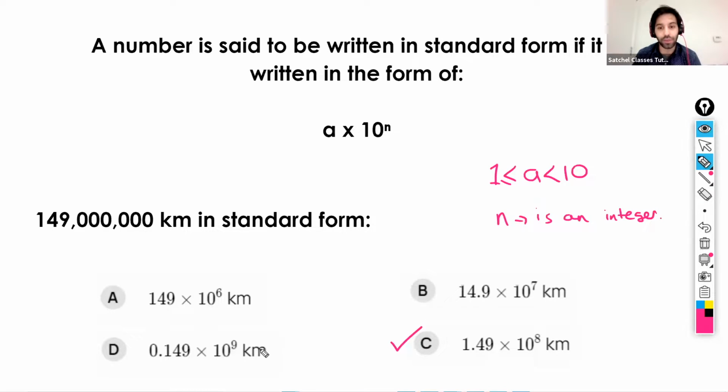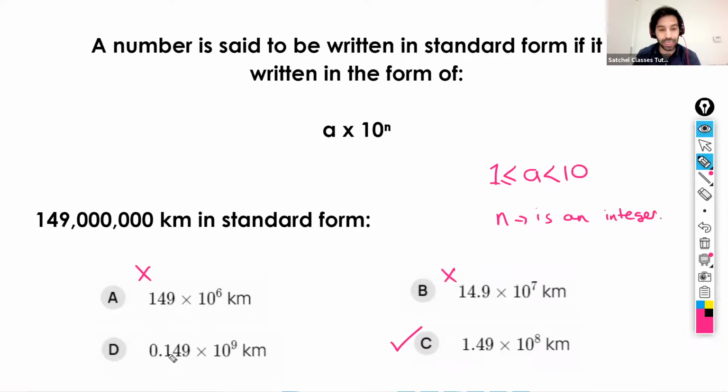However, what we should notice is that A has to be a number between 1 and 10. 1.49 is between 1 and 10, but 14.9 is not between 1 and 10. So immediately we can rule this out, and even though it's correct, it's not in standard form. Likewise here, 149, we can rule this out because it's not between 1 and 10.